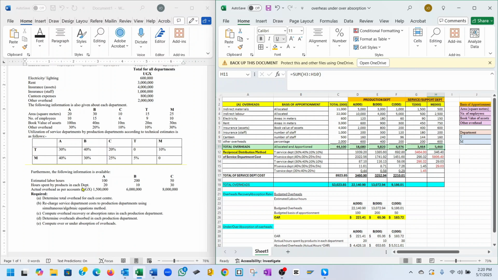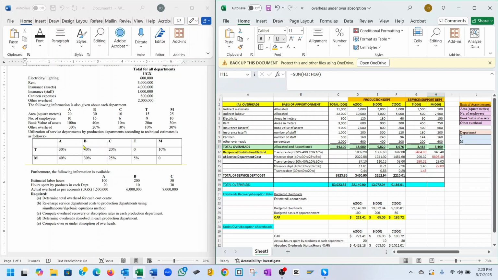Now, let's come to the left side. On the left side, it says that the utilization of service department by production department according to technical estimates is as follows.